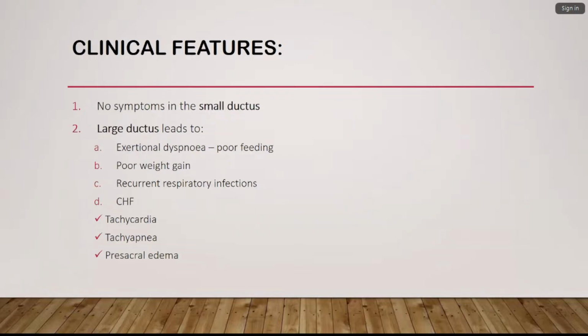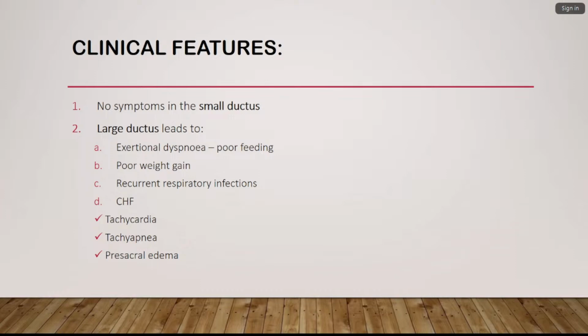Now, coming to the clinical features of PDA, there are no symptoms seen in small ductus, but if there is a large PDA, it can lead to exertional dyspnea, which can be seen as poor feeding.